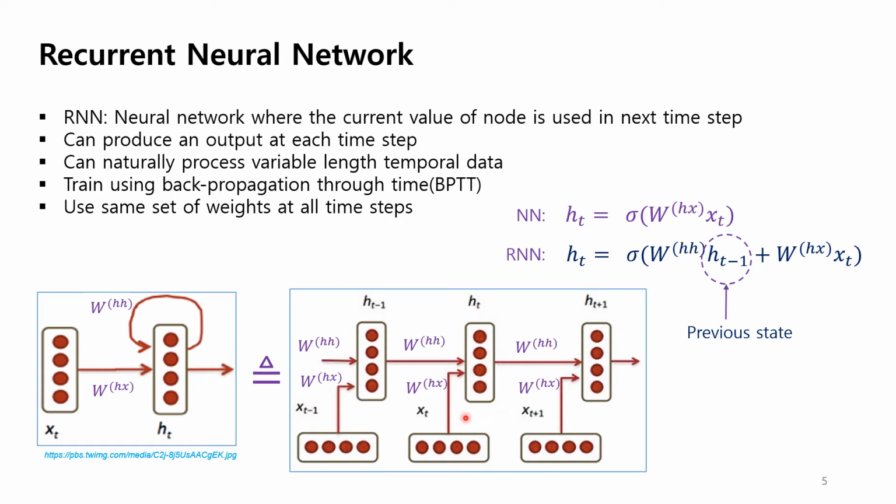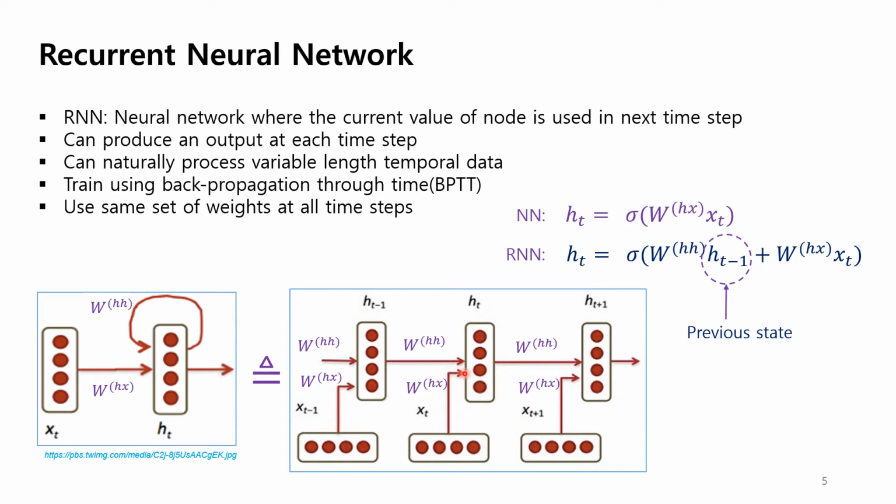It has a traditional input from the input layer, X_t, and in RNN we have a second input, which is the result of the previous state. In a traditional neural net, we don't have this. The only input of the hidden node is the input from the input layer. So that's the difference.